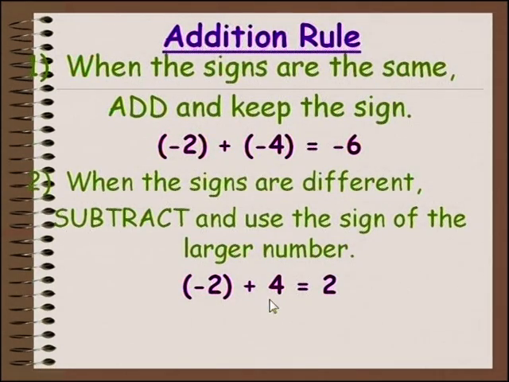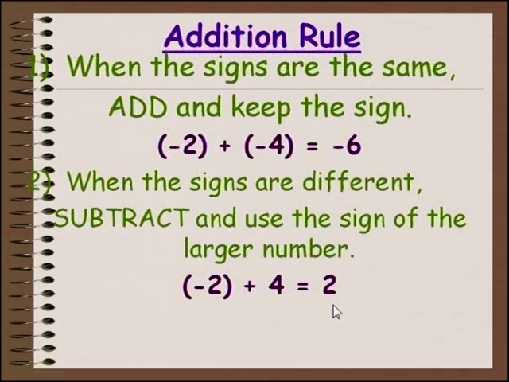Its sign is plus, and minus 2 is the smaller one, so the result will come as plus, and subtract those two values, which comes as plus 2.